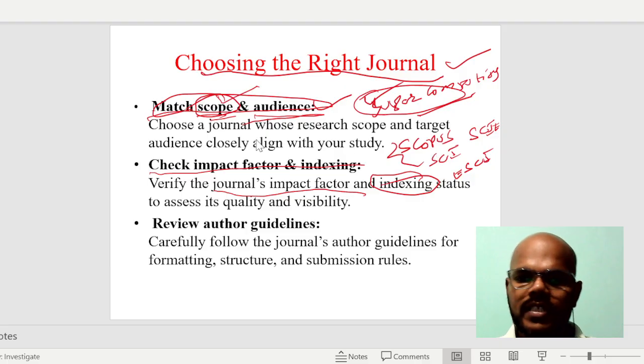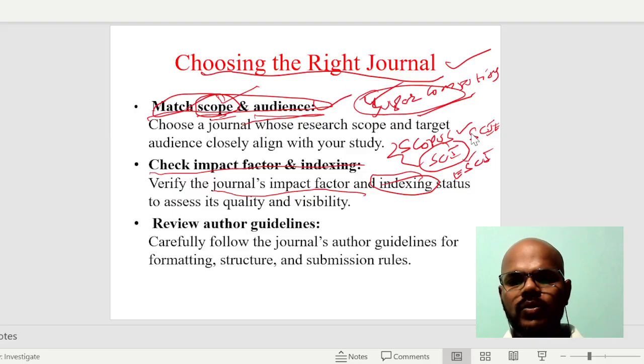SCI is the highest quality indexing, Scopus is a little less, and ESCI is also a little less as compared to the SCI. So we have to check the journal indexing before submitting your research paper.